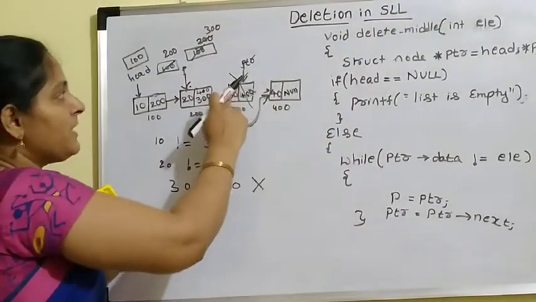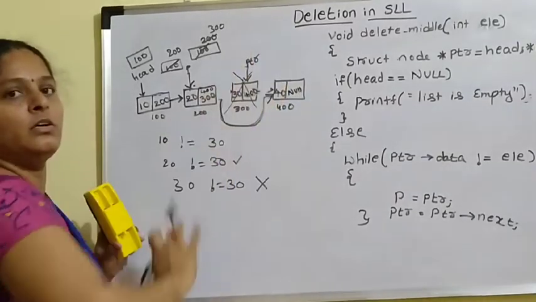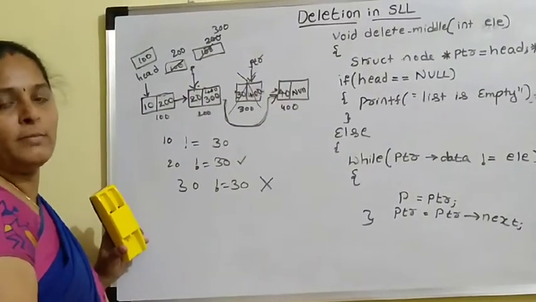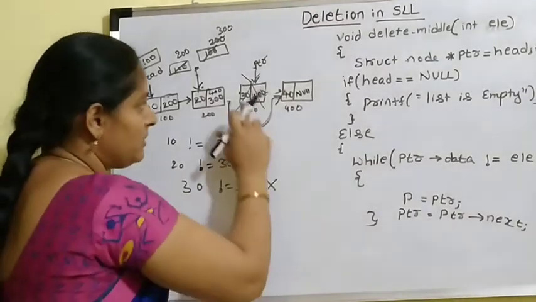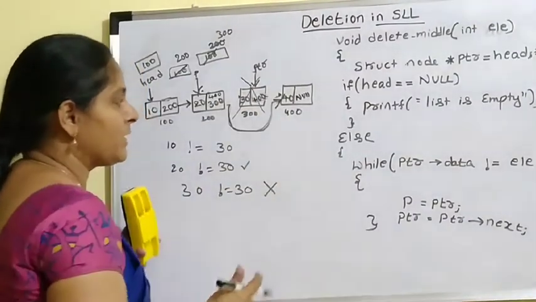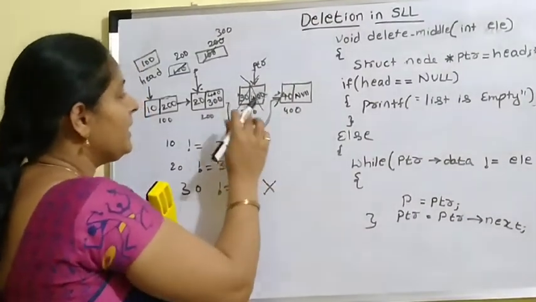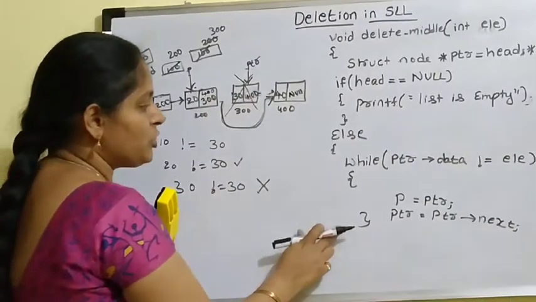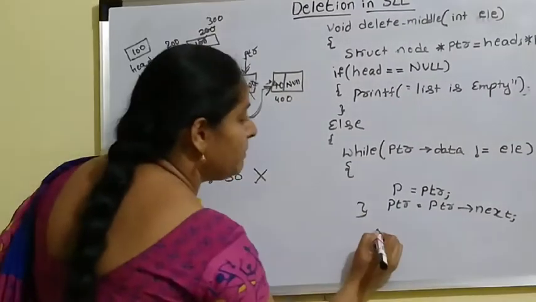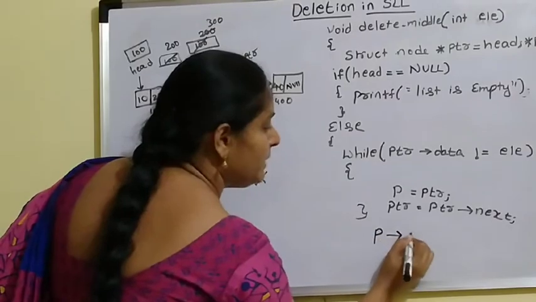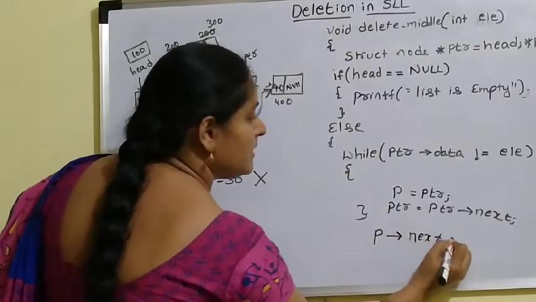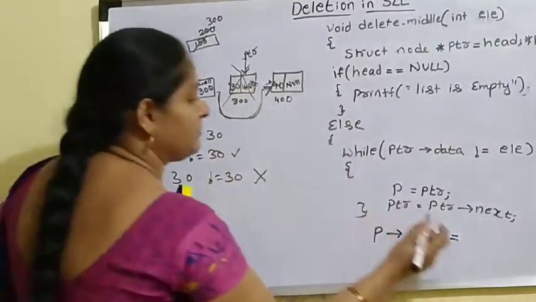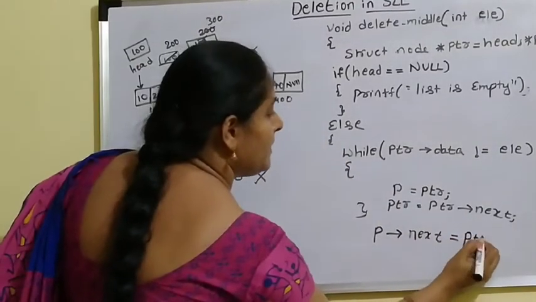If this node is separated from the list, now remove that node from memory by using the free function. Before that, let us write this code in the program. If you find the node position, then in P next we are saving the address of PTR next.